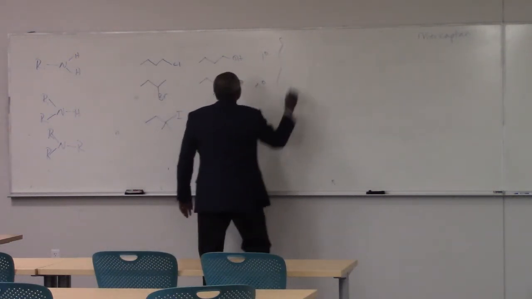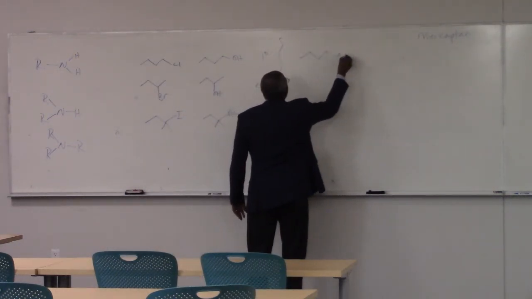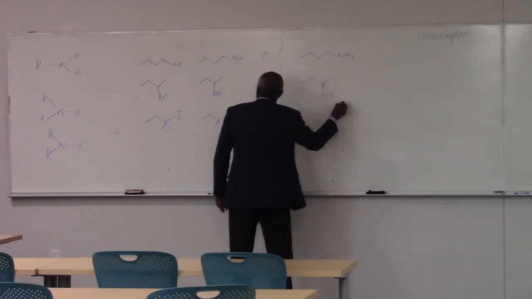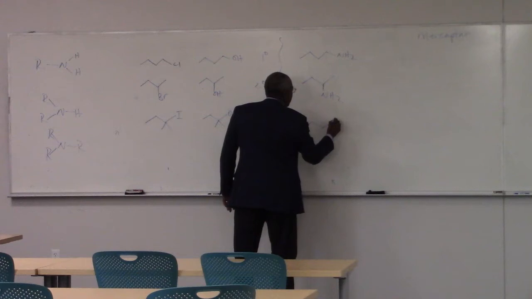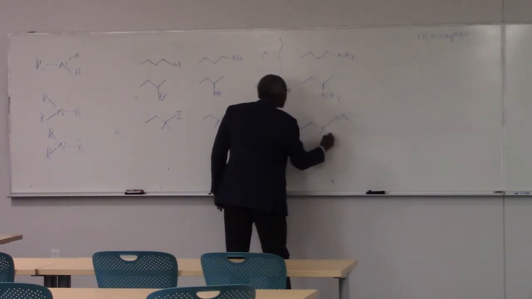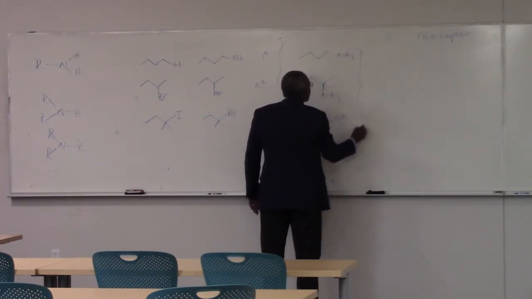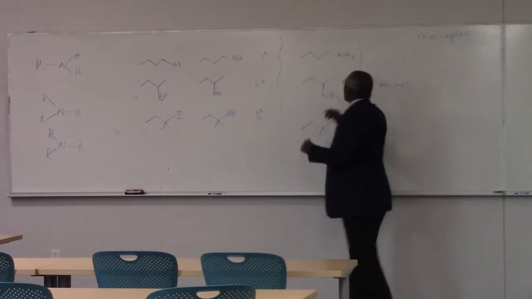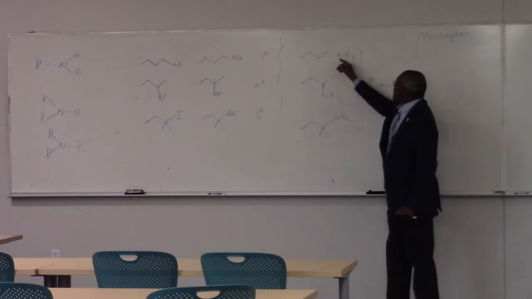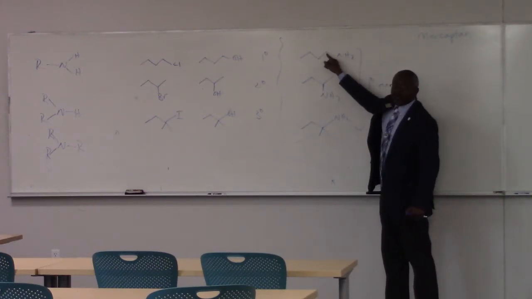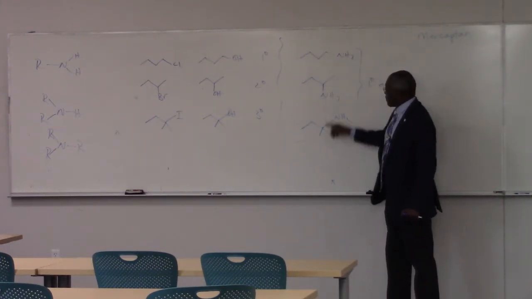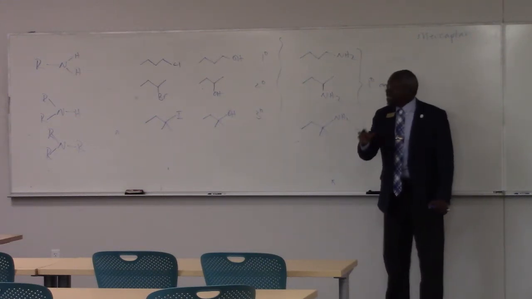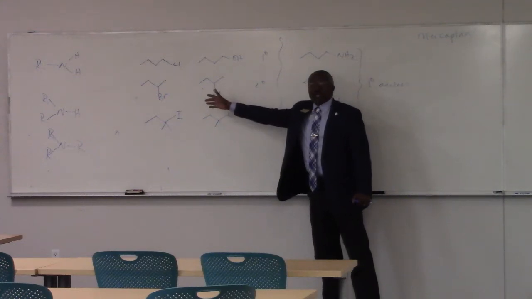However, this, and this, these are all primary amines. Right? We don't care that the alpha carbon is primary, or secondary, or tertiary. That is all that is needed to classify alcohols and haloalkanes.